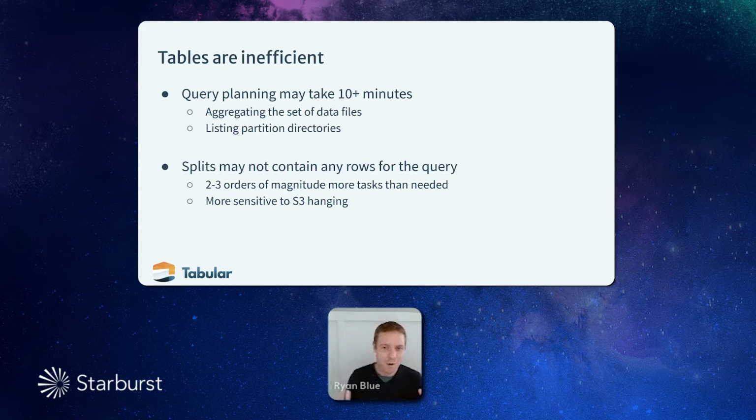So what we would see is if you're listing and planning too many tasks, then you could even have the number of tasks that are 2 or 3 orders of magnitude more than just the tasks that actually contain data for the query. And the way this works is you might be looking for a certain user ID and your data is partitioned by hour.